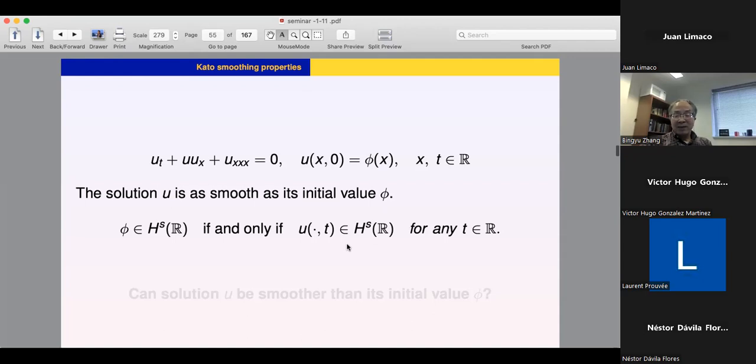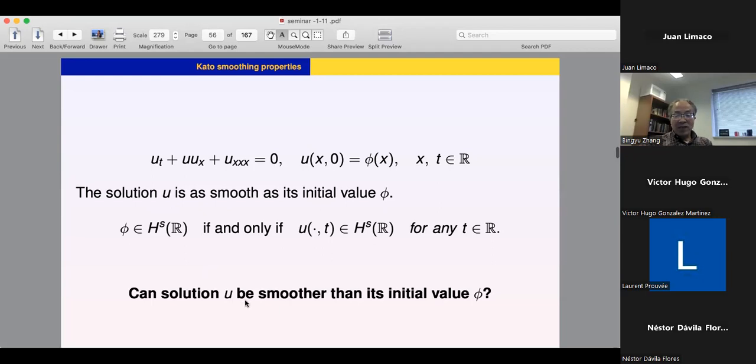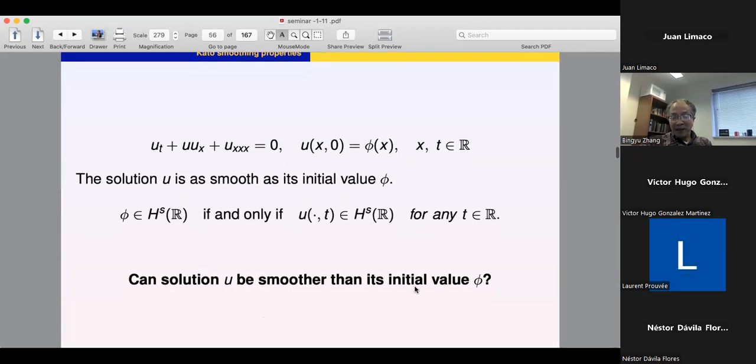This Cauchy problem of the KdV equation on the whole line is well-posed both forward and backward, so the solution is as smooth as its initial value. Here's a question: can the solution u be smoother than its initial value? Based on this, we'd say probably not.